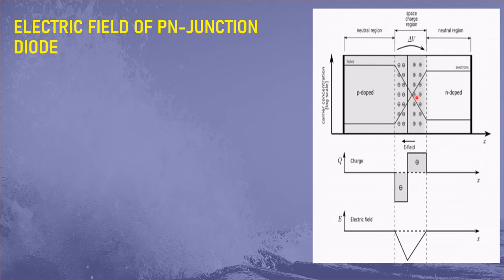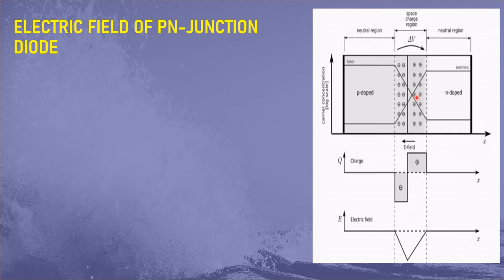So for the volume charge density distribution in the PN junction, the first assumption is uniform doping and the second assumption is an abrupt junction. The electric field is created in the depletion region by the separation of positive and negative space charge densities.